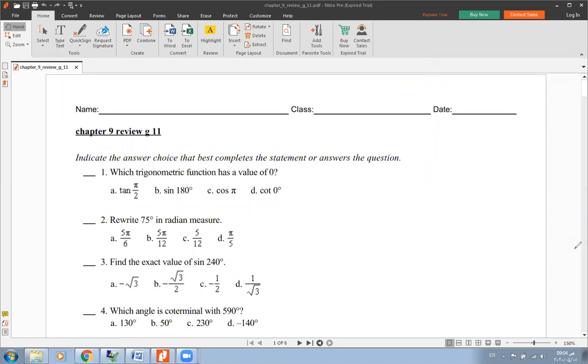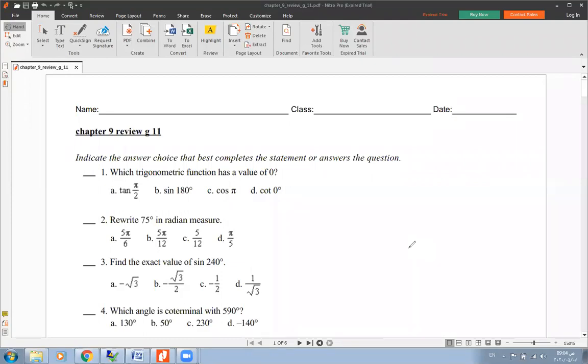Yes, Mr. Nasser, which of the following trig function has a value of 0? Okay, I'm with my calculator.